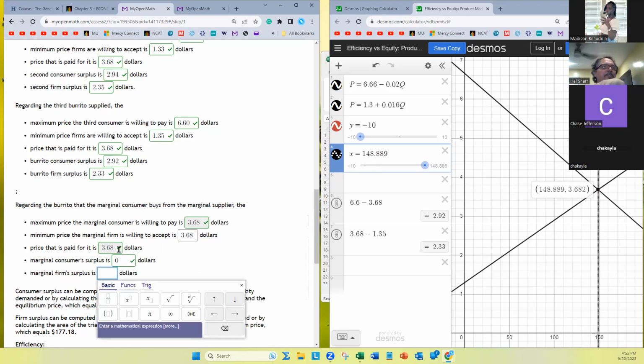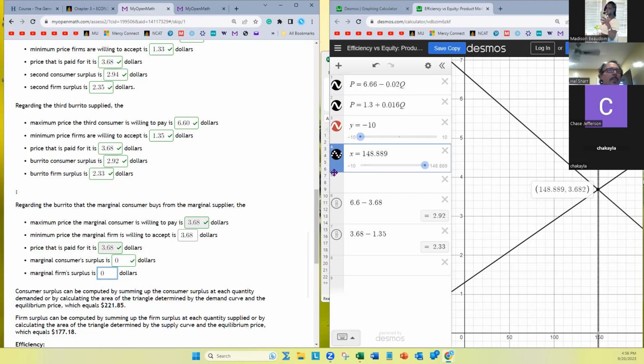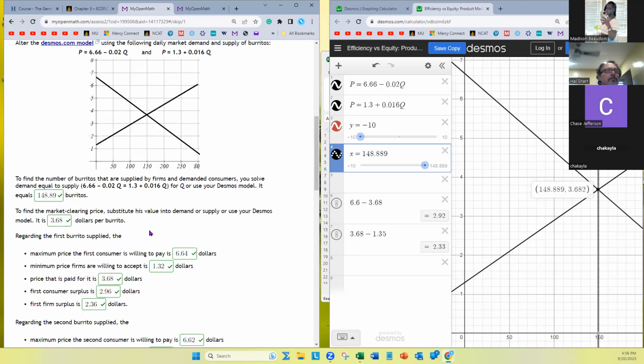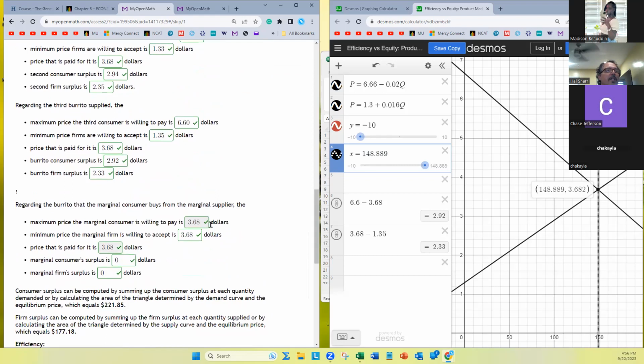The market price is 3.68, so the marginal firm surplus is 0. That's how you know you're the marginal consumer or the marginal firm: you're indifferent between engaging in the commerce and not. Any questions on that?